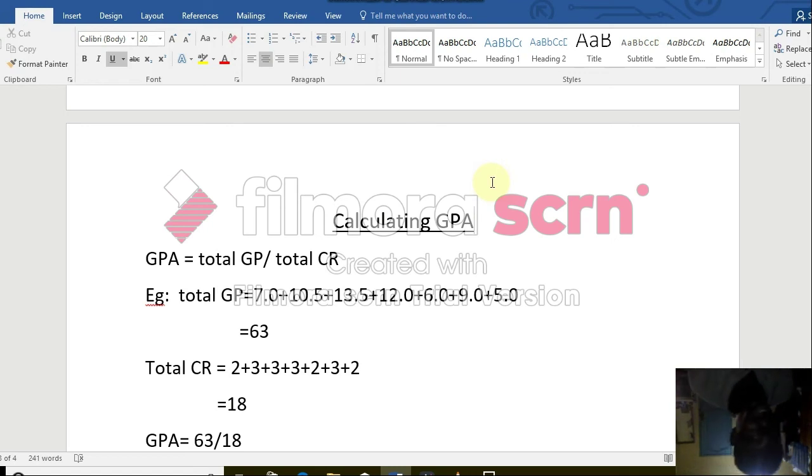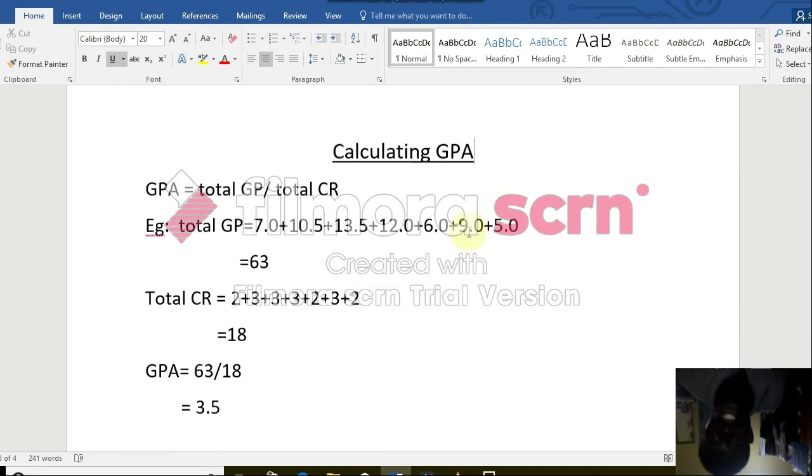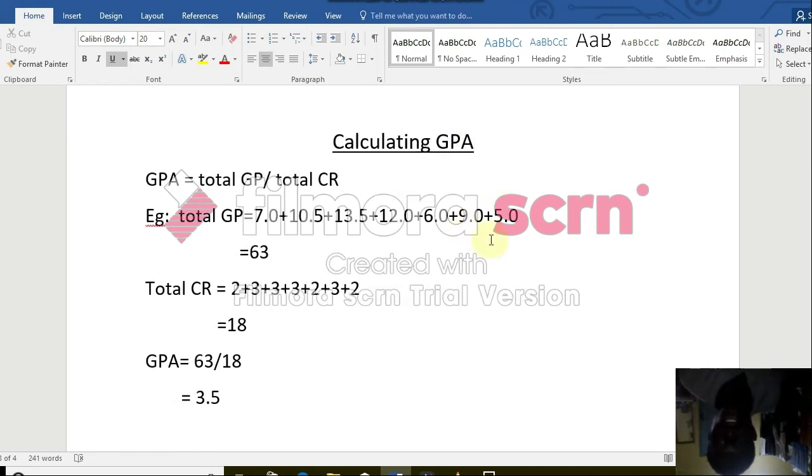That gives you the GPA, and the GPA determines the class that you will be, whether first class, second class upper, second class lower, third class, or fail.